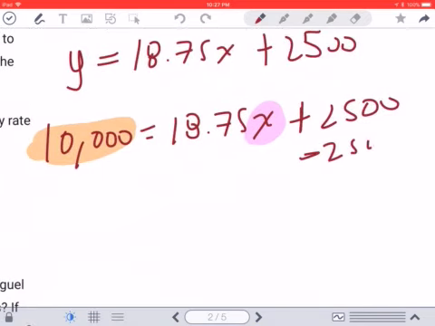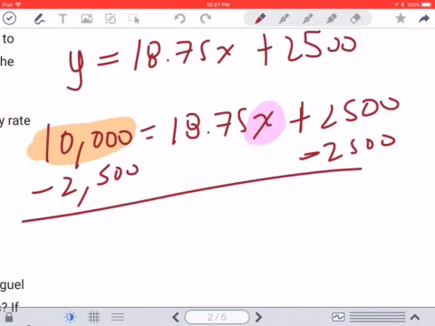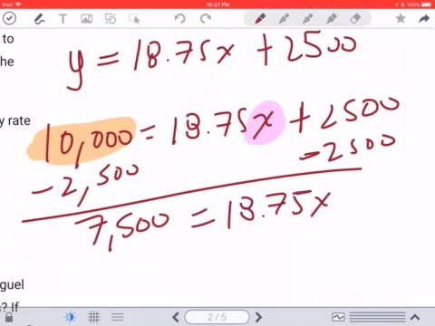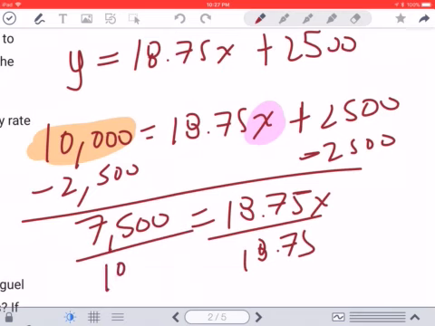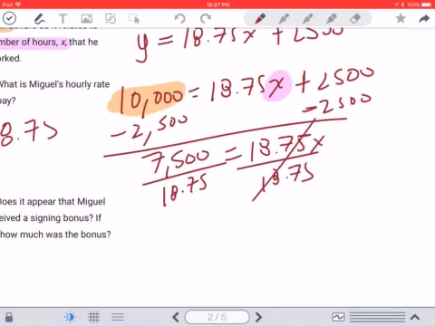So subtract 2,500. Subtract 2,500. You're left with 7,500 equals 18.75x. Divide by 18.75. So how many times is 18.75 going to 7,500? That is calculator work here.